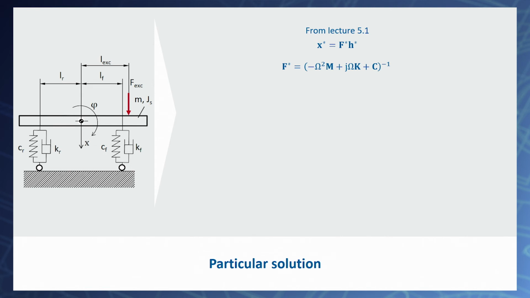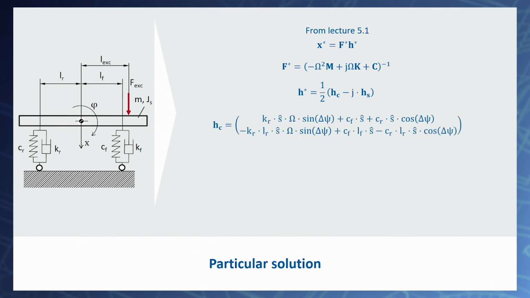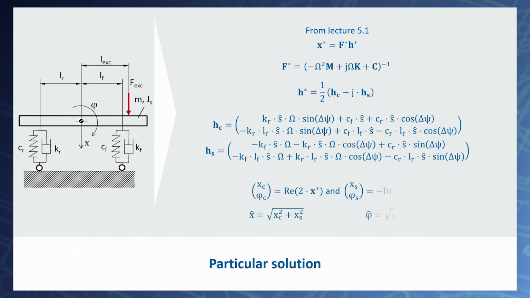So this is nice to do, especially as we've seen from the previous lecture if you do that in Matlab. And then of course we also know that H star is expressed by the formula that you see here through the vectors Hc and Hs. This is just a repetition of what we've seen for Hc and Hs. Of course, once we have X star, we can also find the vector made of xc and phi c, and the sine part, xs and phi s.